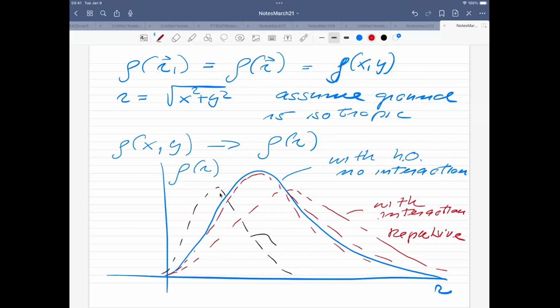And that is also a measure of whether the correlations induced by the interaction are strong or not. So if you have a small deviation from the non-interacting case, that is an indication that your force is not very much influencing the system. If, however, there are large deviations between the interacting case and the non-interacting case, that's a clear signal of the strength of correlations, which are induced by your forces.